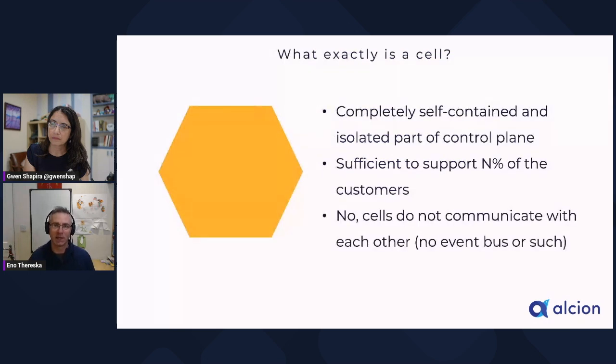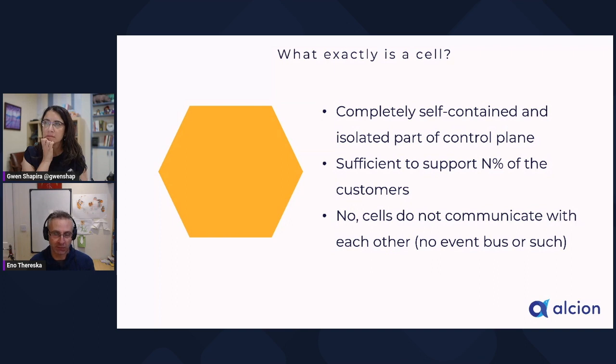So what exactly is a cell? Here's the theoretical part, and then I'll give a little bit of a sneak peek. A cell is a completely self-contained and isolated part of the control plane. It's going to be sufficient, like providing life support for n% of the customers.